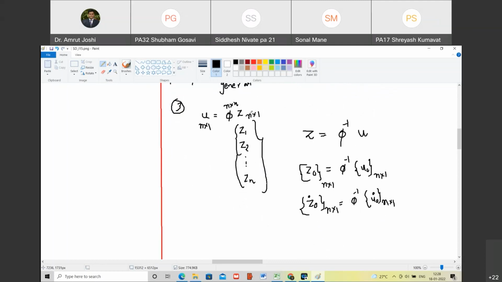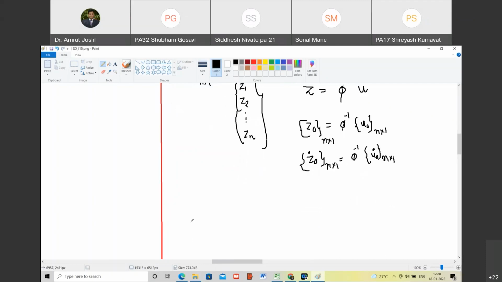Okay, then what do we do? We make this substitution in the governing differential equation. What do we get? We get m phi z double dot plus c phi z dot plus k phi z is equal to small f of t. This is the force in the parent coordinate system.